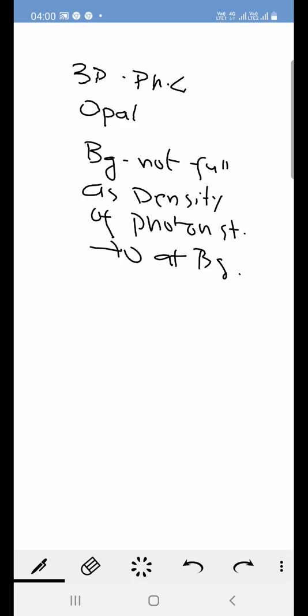Now one needs an inverse structure with voids of lower refractive index and surrounding material of higher refractive index.